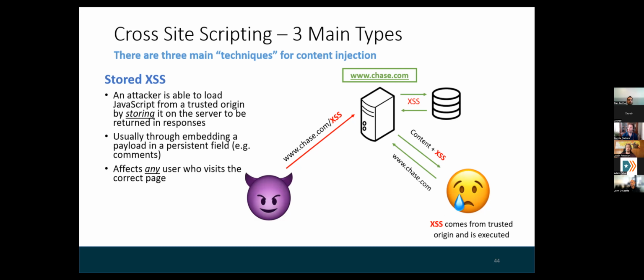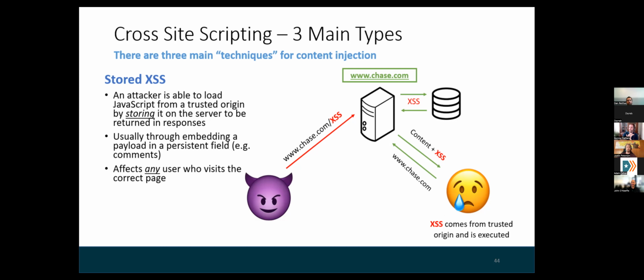Anybody who visited his profile, their browser would load this bad JavaScript from MySpace, and it would update their MySpace status to "Samy is my hero," and then embed the malicious JavaScript in their profile.